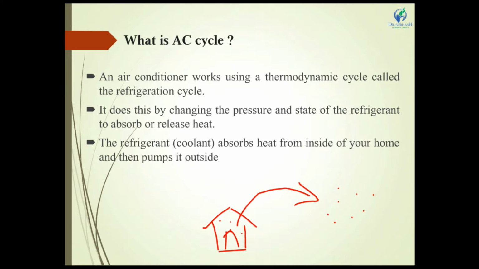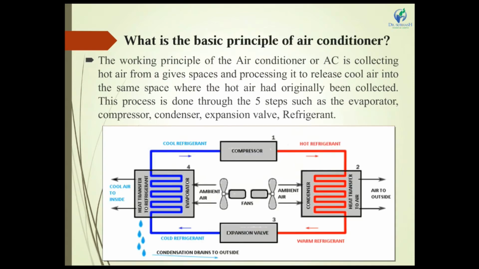Here inside the room we have a lower temperature compared to atmospheric temperature. That is also called an air conditioning system. What is the basic principle of air conditioning? The working principle of air conditioning, or AC, is collecting hot air from a given space, an isolated space or an enclosed space. We consider our home.